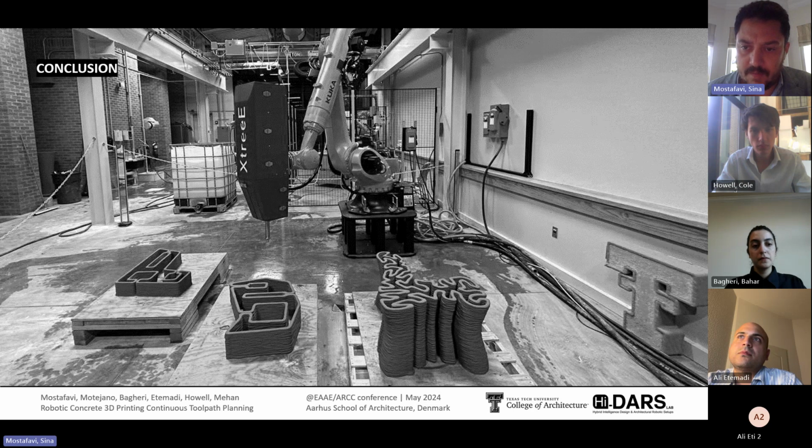Future research will further develop voxel-based toolpath planning, promising greater flexibility in design and structural integrity in producing building elements and components. This work highlights the potential of computational techniques in systematic and creative toolpath planning to transform architectural design and construction through robotic concrete 3D printing.